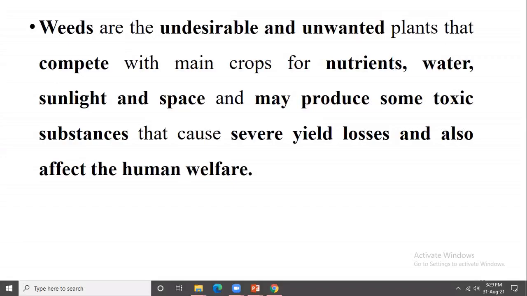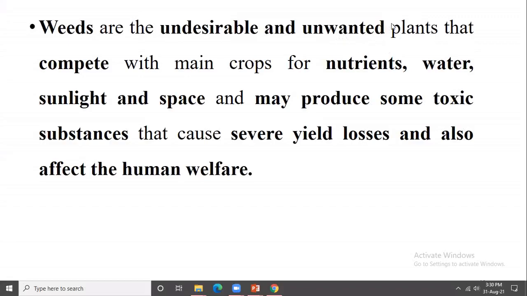Understood, sir. Do you want me to explain again? Sir, please explain undesirable. Okay. Commonly, we call them weeds. You only think of weeds like Cyperus rotundus. But here, unwanted means you cultivated black gram and some green gram grows. That green gram is an unwanted thing in that field.